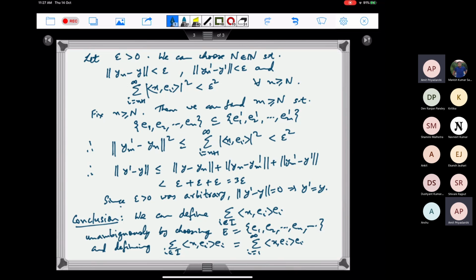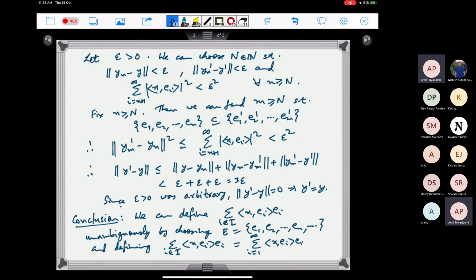So therefore we can define this; though it looks like an uncountable sum, only countably many terms are non-zero, so we can define it like this. This was just to show that one can define this sum for any orthonormal set.